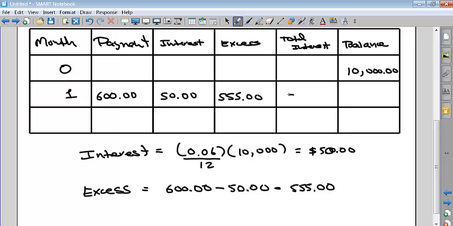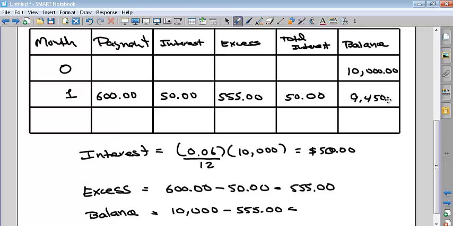The total interest is just, I'm going to add the interests up from each month. So first month, the total is just the original amount. And then the balance is going to be equal to the previous month's balance minus the excess. So if you take 10,000 and subtract 550, we get a balance of $9,450 and 0 cents.